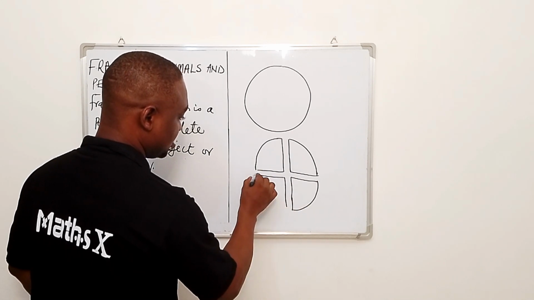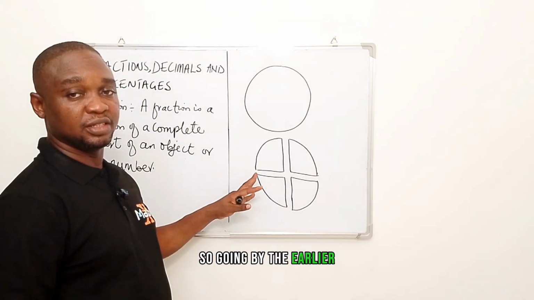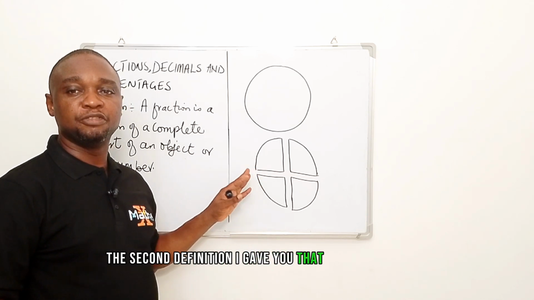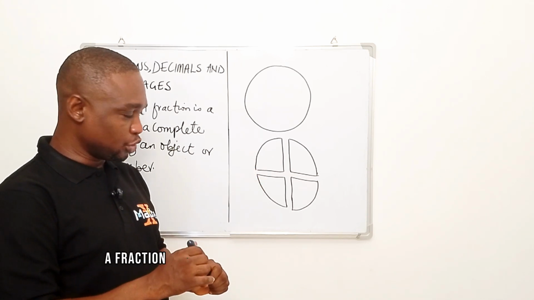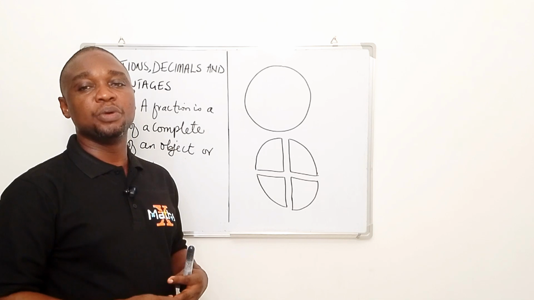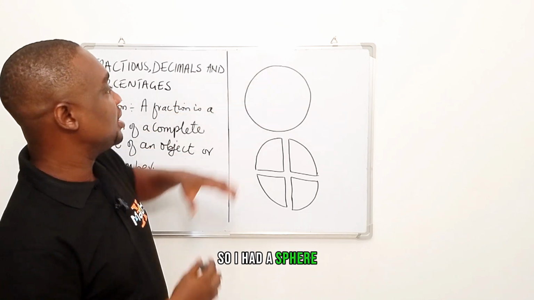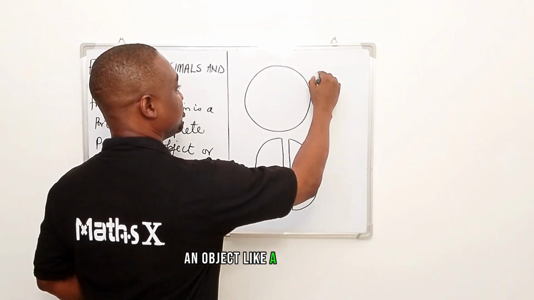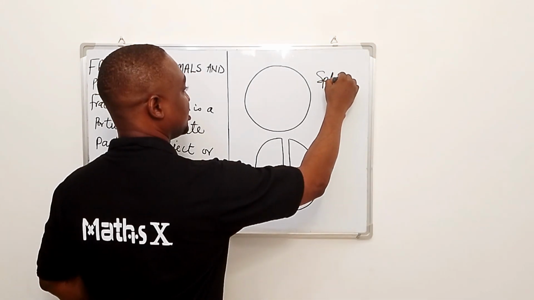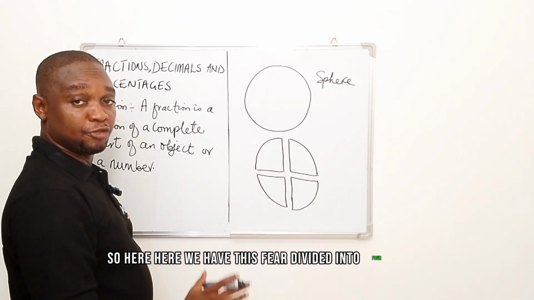So going by the second definition I gave you, that a fraction shows how many parts you have of anything when divided into several pieces. I had a sphere, an object like a sphere here, divided into 4 parts.